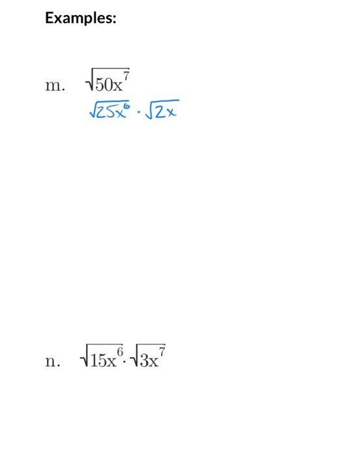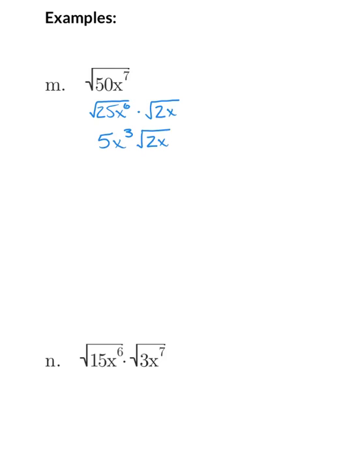So now if we go ahead and take the square root, we get the square root of 25 is 5. X to the 6th, if I divide by 2, I get x cubed. And I still have my 2x on the inside.